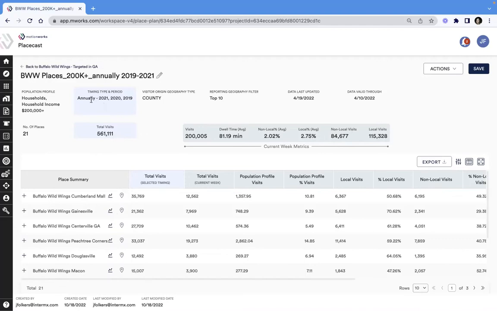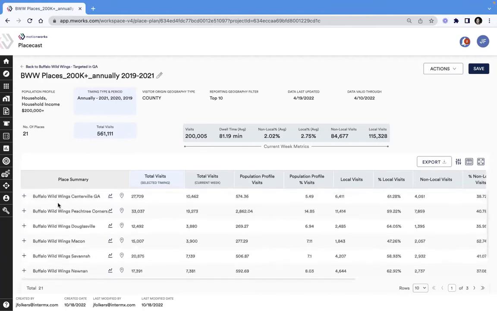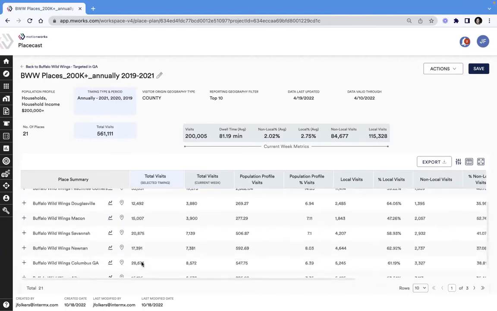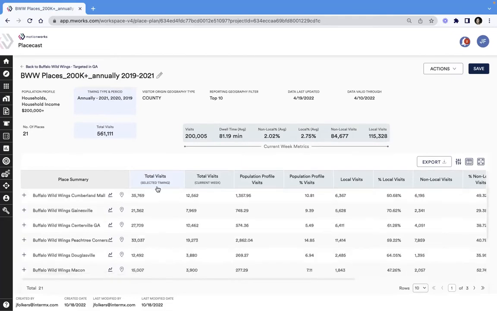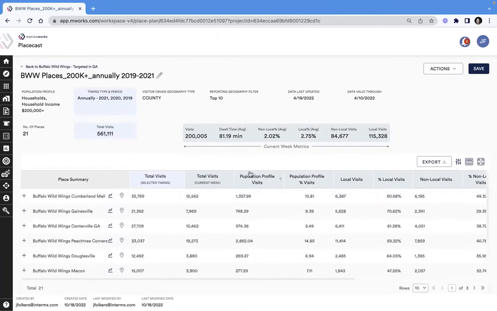And looking over the last 3 years, a total there. We're able to see for each location, what are the top locations for overall visitation, as well as visitation for the selected population that I identified here, percentage population profile, the percent of visits by that specific profile.